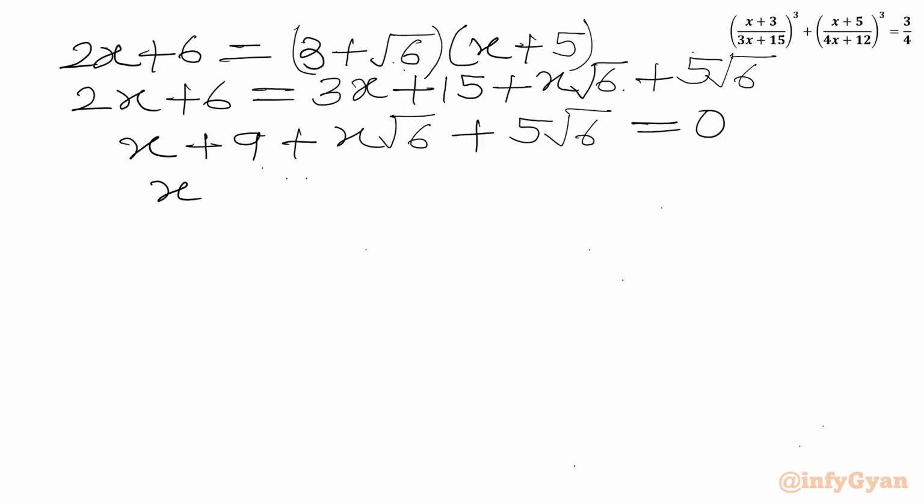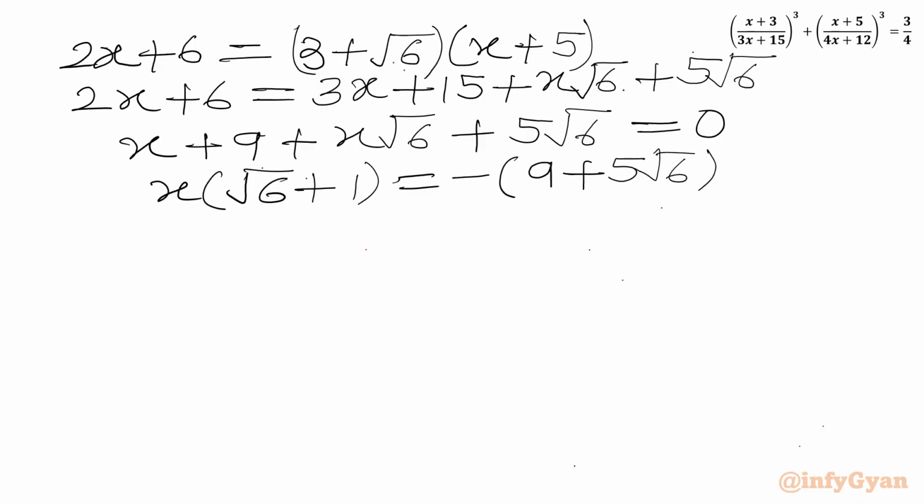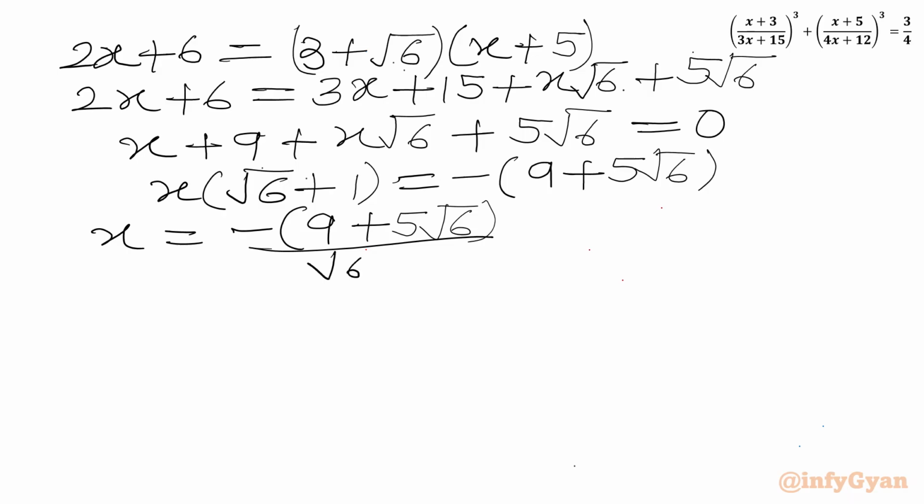So I can take x common from the first and third term. So I will be getting x times root 6 plus 1, and on the RHS I will write minus of 9 plus 5 root 6. Now x will be equal to minus of 9 plus 5 root 6 over root 6 plus 1.